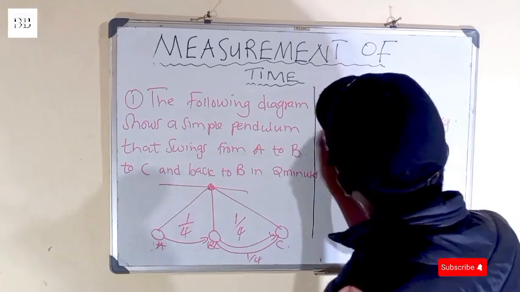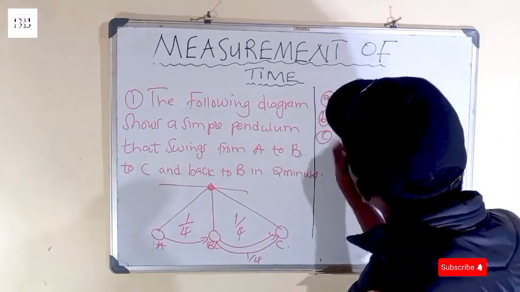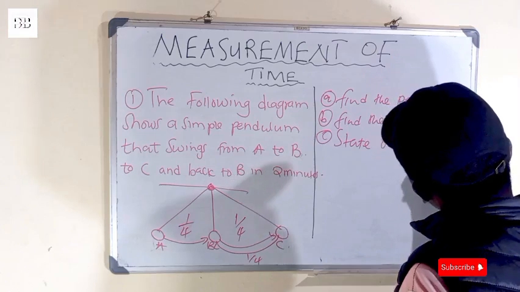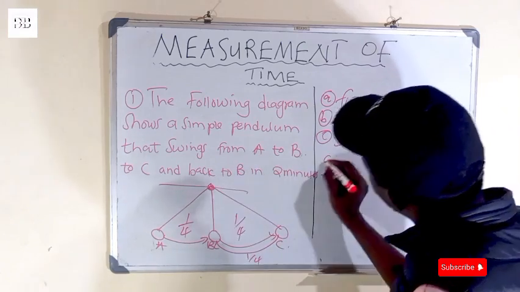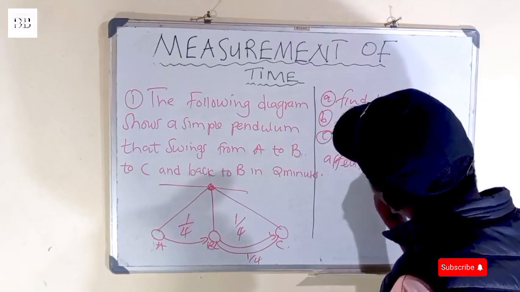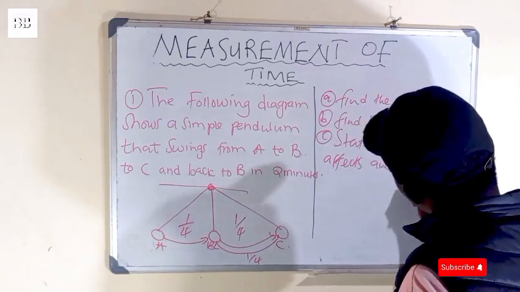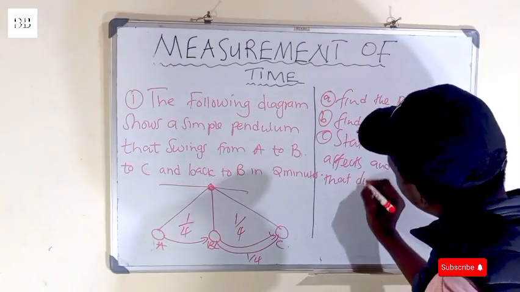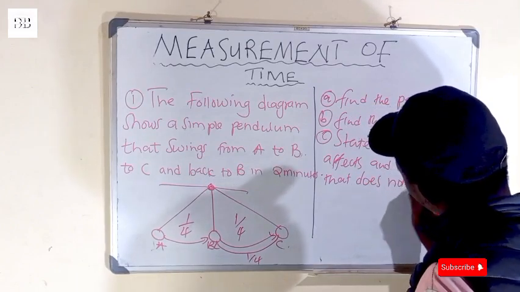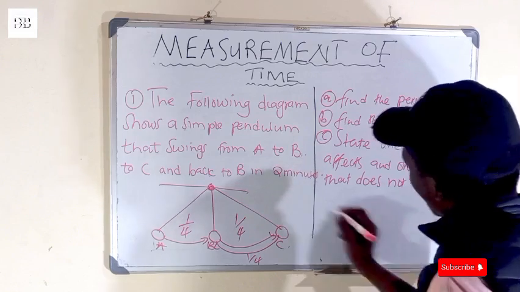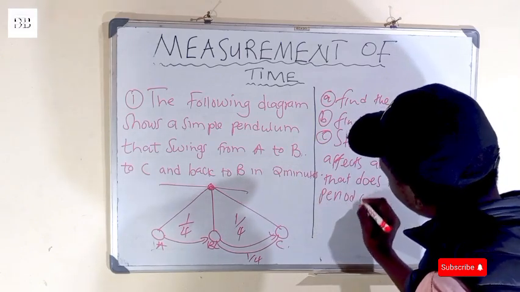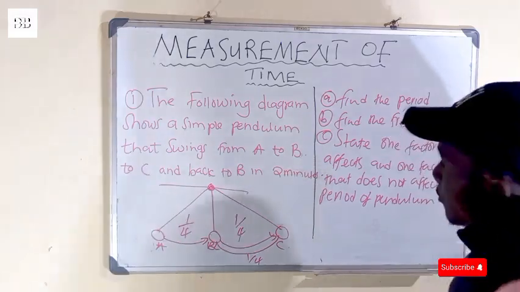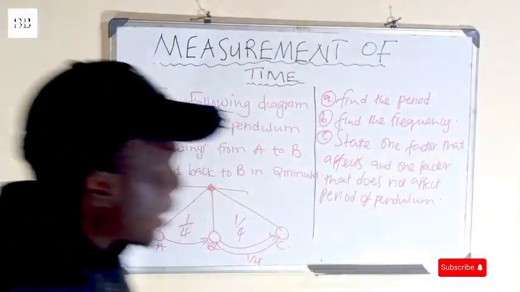And then the last one is saying state one factor that affects and one factor that does not affect the period of a pendulum. So let us answer this question together.